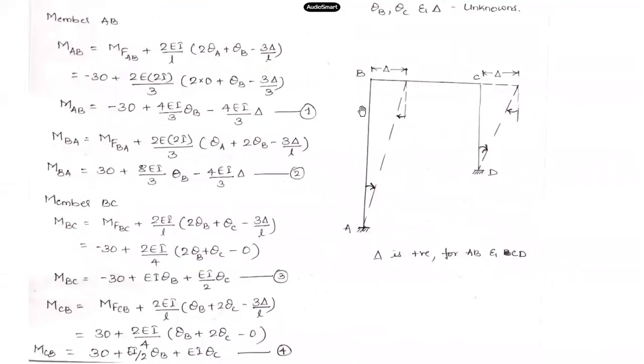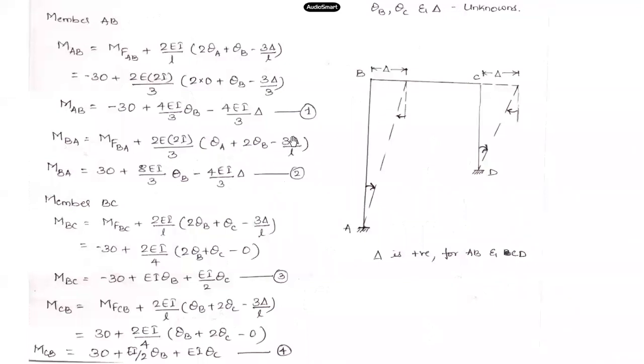I'll take the member AB itself, but I'll write the slope deflection equation for member AB with respect to joint B. So it will be MBA, which is equal to MFBA plus 2EI by L, that is 2EI by 3 into theta A plus 2 times theta B minus 3 delta by L. Theta A is 0, you can substitute for that.